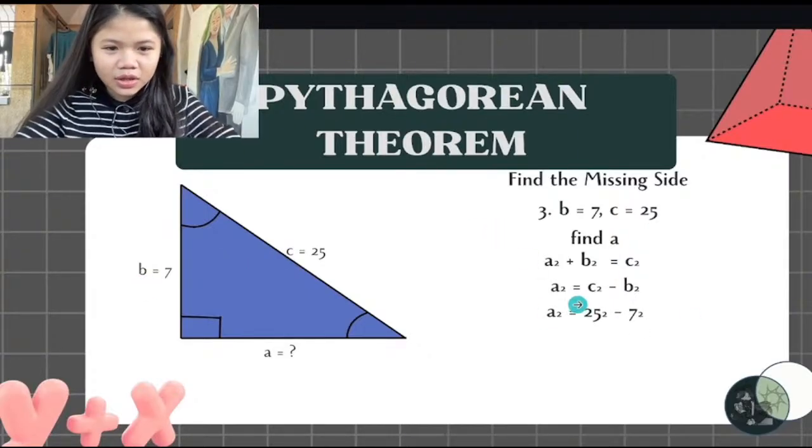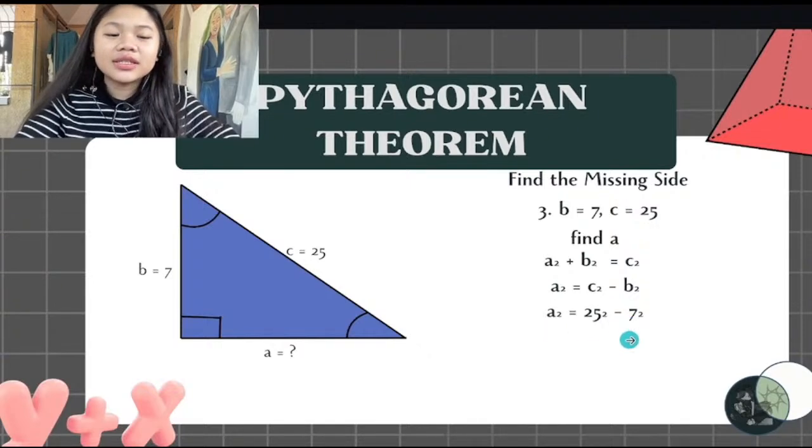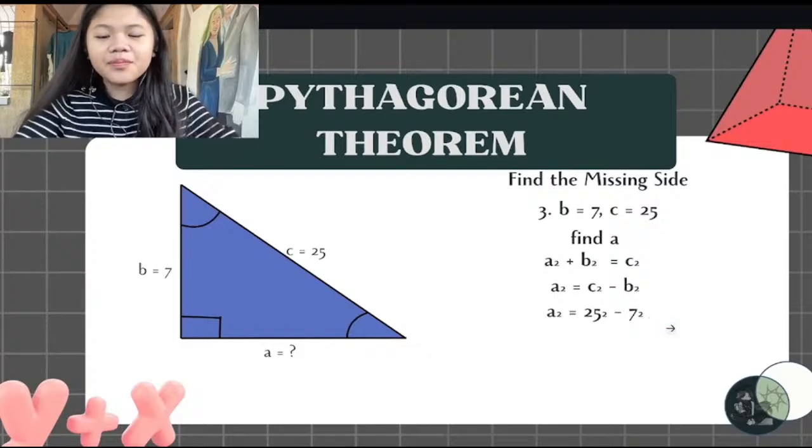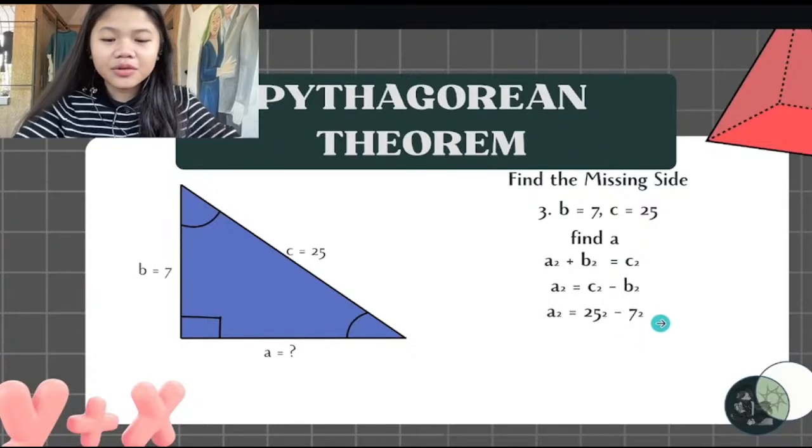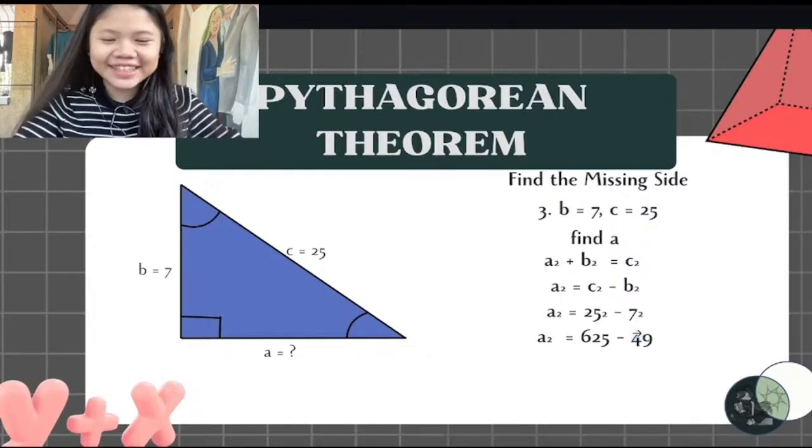Substitute. So, it becomes a squared equals 25 squared minus 7 squared. Important reminder here. We use 7 squared, meaning 7 times 7. We do not use a negative 7. Even if we do negative 7 times negative 7, it will still become positive 49.